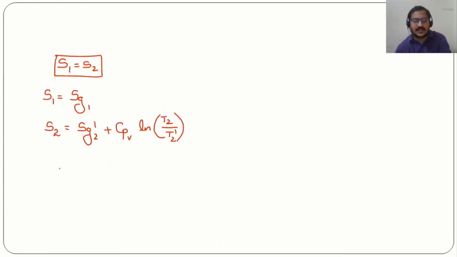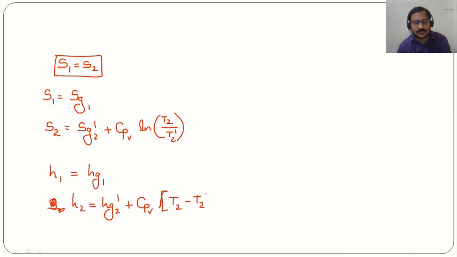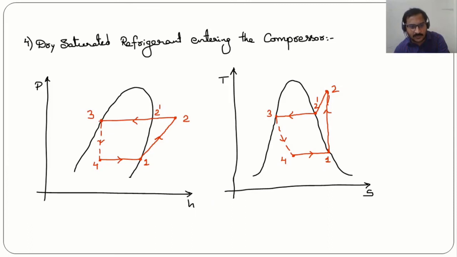Now here the enthalpies H1 is equal to Hg1 and H2 will be equal to Hg2 dash plus Cpv into T2 minus T2 dash. So this is the formula that we need to remember. And here enthalpy H4 is equal to H3, which is equal to Hf3. This will not vary because enthalpy is remaining constant during the throttling process.